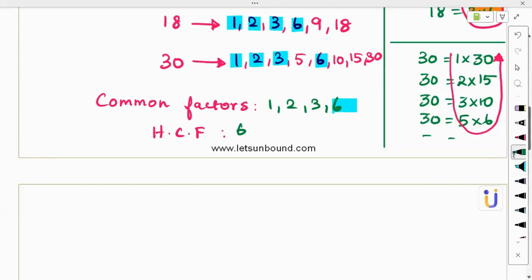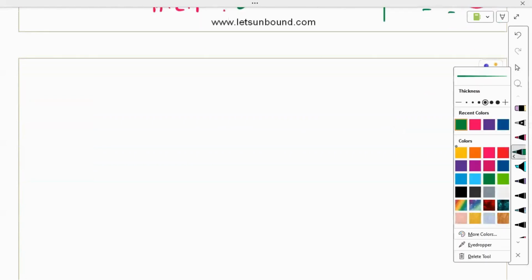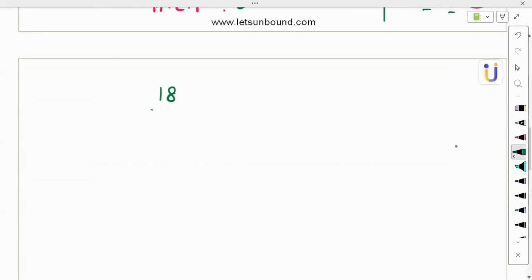Now what should I do with that 6? Once you have the highest common factor, take the fraction we are working with, 18 by 30, and divide by that highest common factor. So we're going to divide it by 6. 18 divided by 6 is 3. 30 divided by 6 is 5.